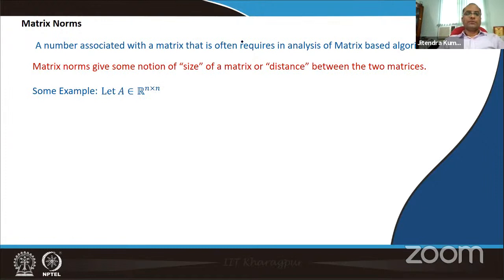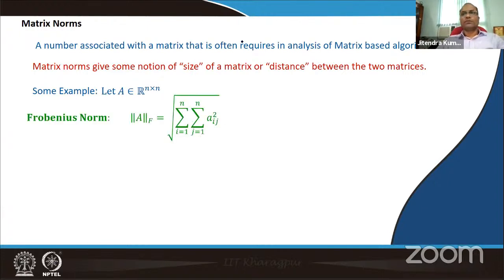So we define some norms. Without going much into the detail, because we will just cover the portion which fulfills our need for discussing the convergence, one is the so-called Frobenius norm. How to get the Frobenius norm?